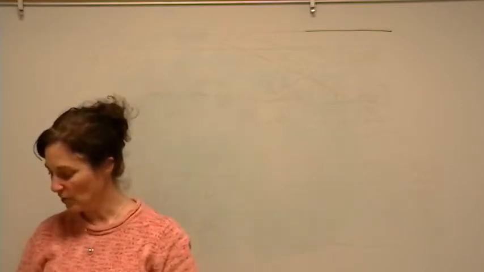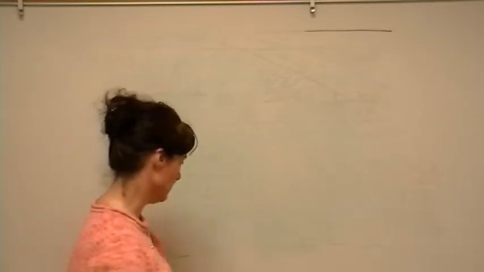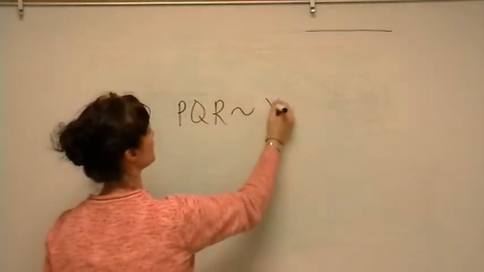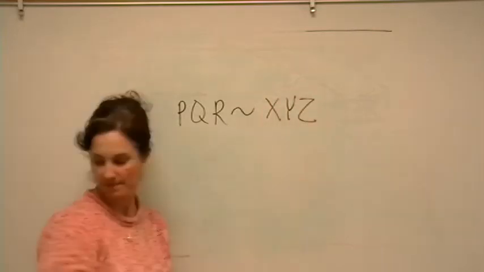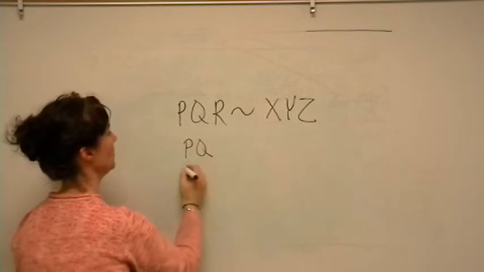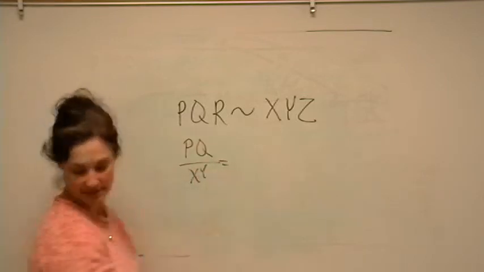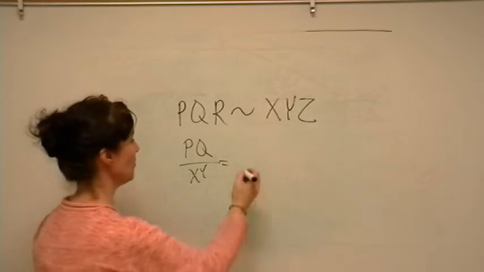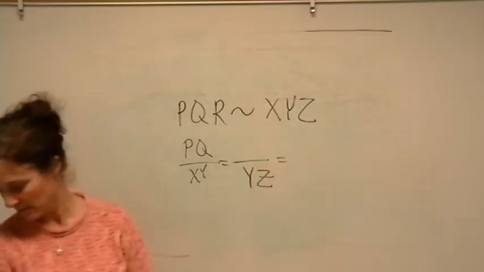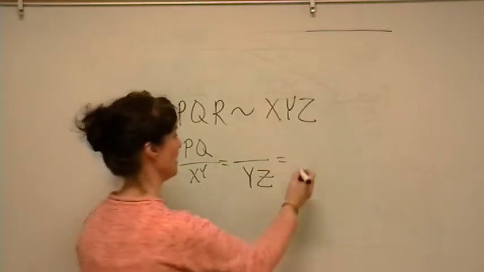If PQR is similar to XYZ, then PQ over XY is equal to blank over YZ and blank over blank.